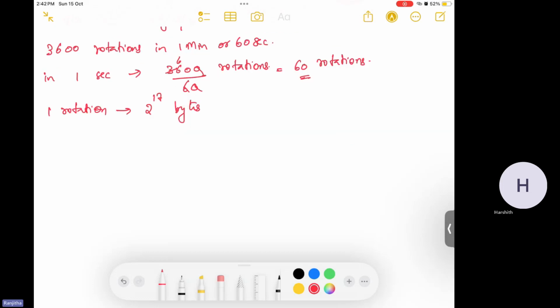This is with respect to one surface. So for one surface, in 1 second, we can transfer 2 power 17 into 60.